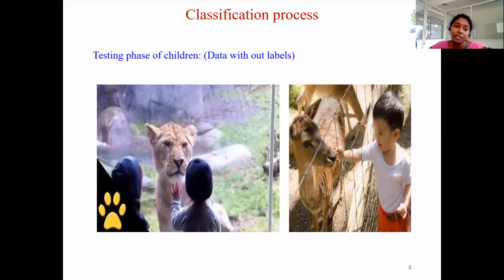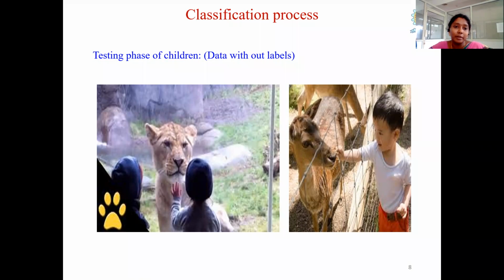He can recollect all the things from his learning phase or training phase, and use that experience to identify the unlabeled animal in the zoo, because when you take him to the zoo, you need not label it; he can label it.